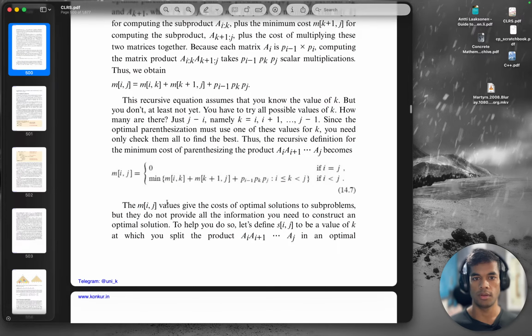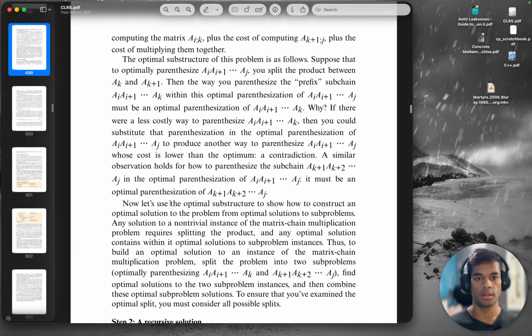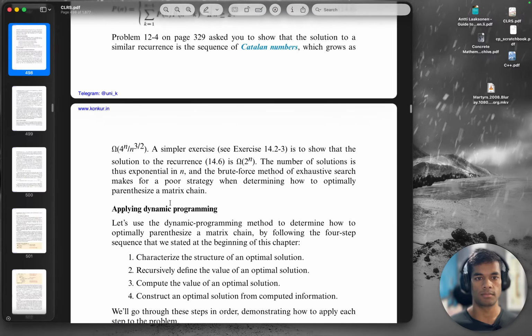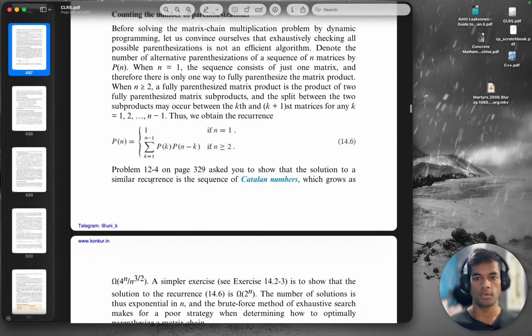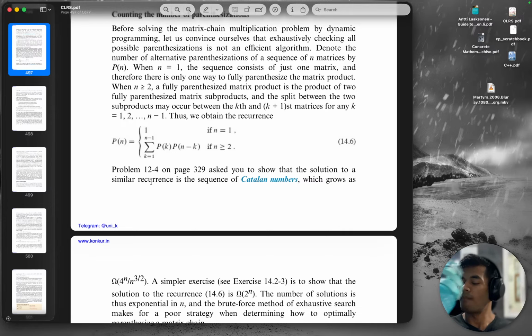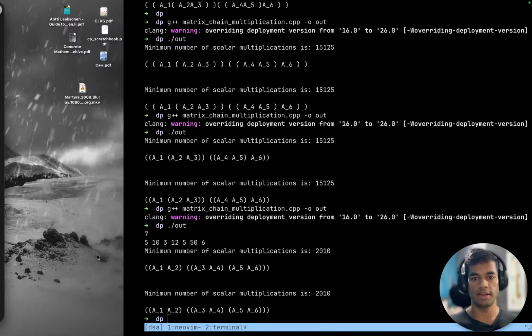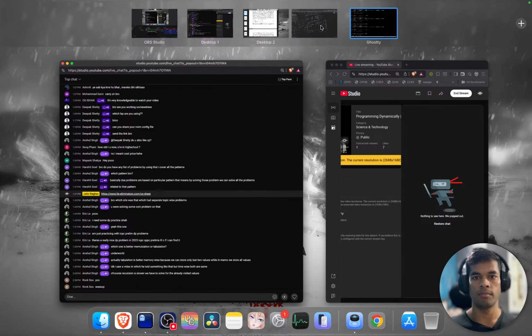No, no, this one, 14.6. We have to prove that it is similar to 2 power n. Let's attempt that.